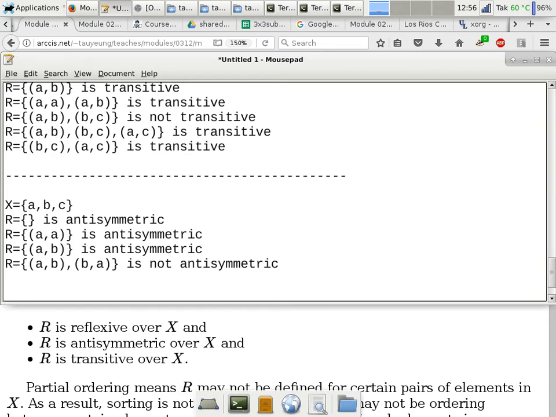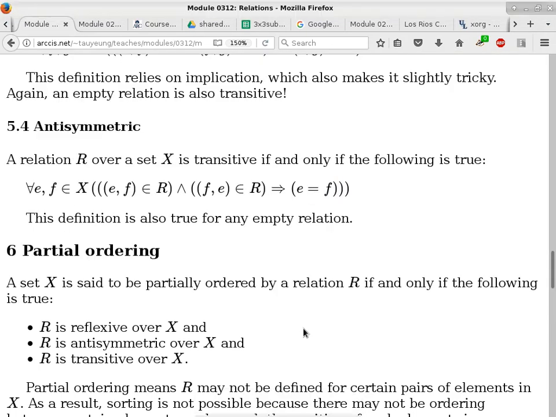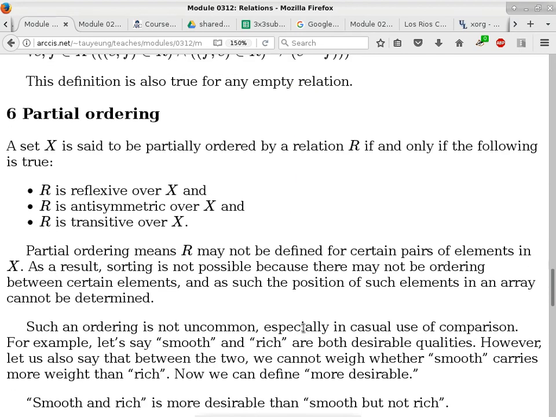So we got reflexive, symmetric, transitive, and anti-symmetric. Those are the four qualities of relations. Now we can move on to partial ordering. Partial ordering is really just lumping together some of the things we have already talked about.